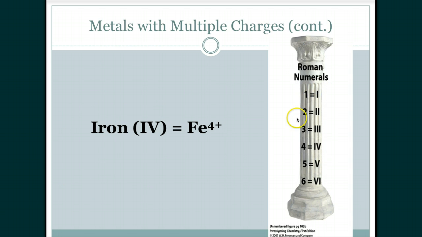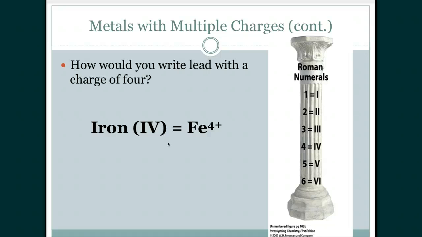Here is where you can look up your numerals: 1, 2, 3, 4, 5, and 6. And so if we're talking about an iron cation that has a positive charge of 4, we're talking about iron 4. So again, when we talk about transition metals, you have to identify it. You have to state the charge of that cation.